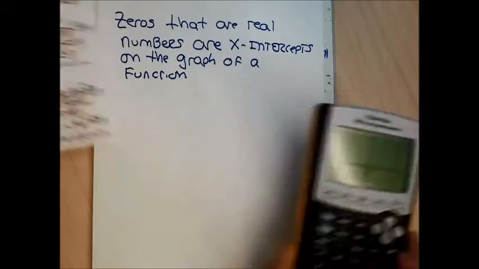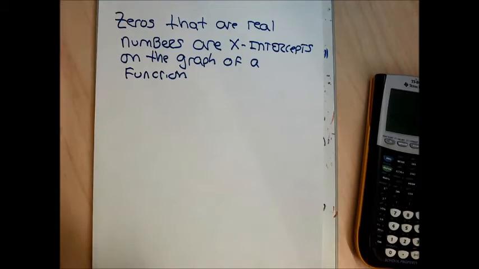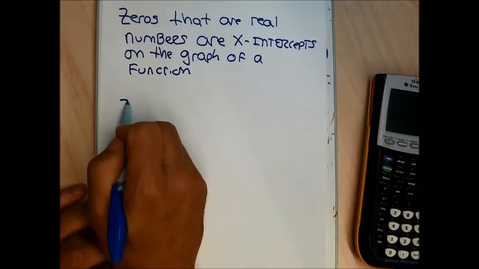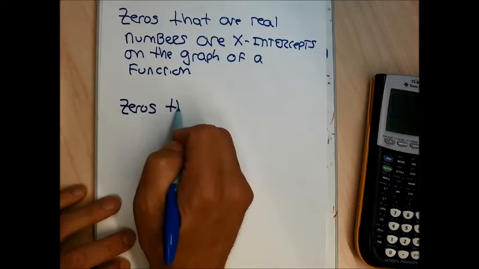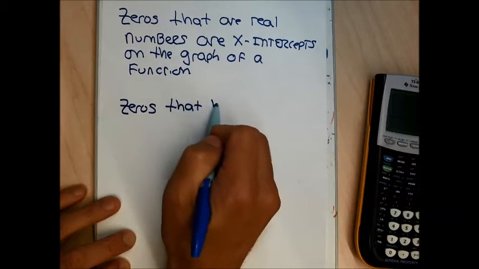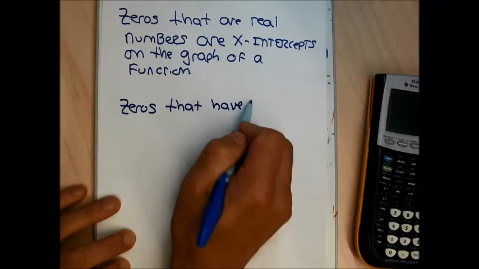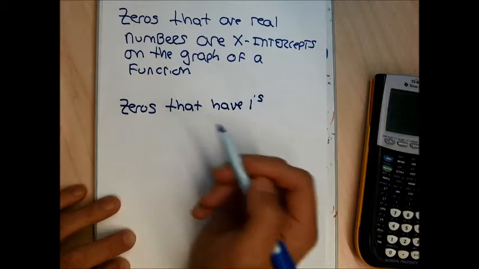But I need to know that zeros that are real numbers are x-intercepts on the graph. Zeros that have i's can't be x-intercepts.